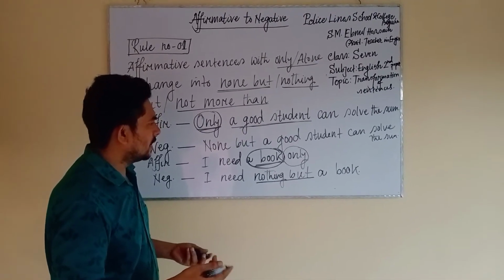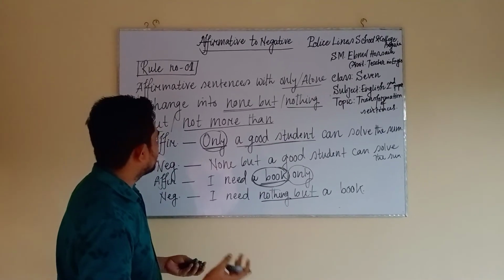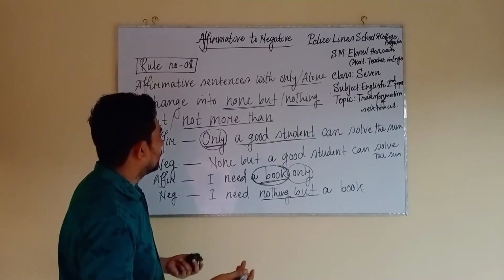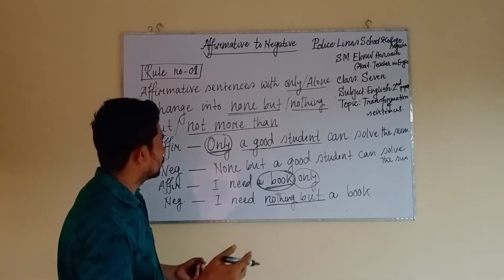Now I am citing another example which supports the number. That means when we use not more than.